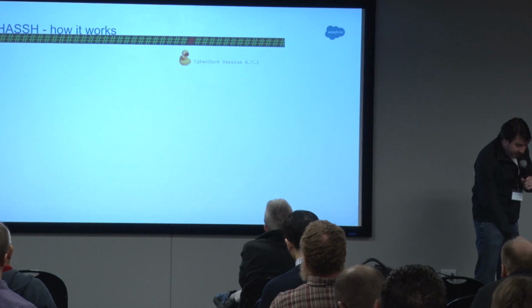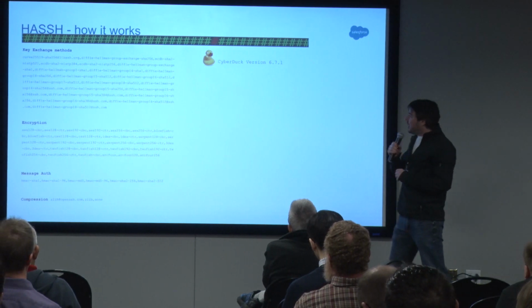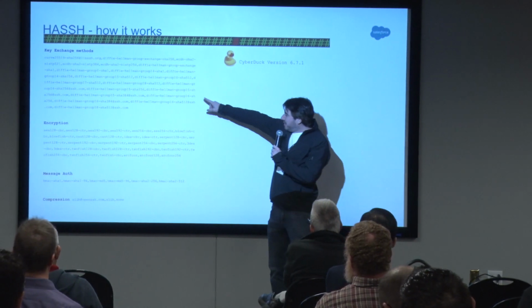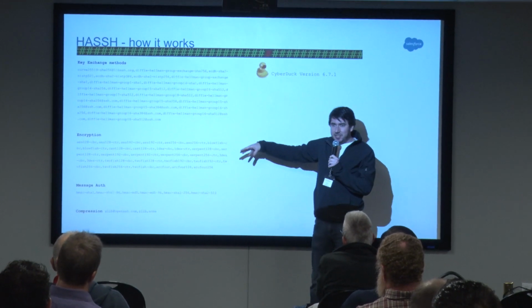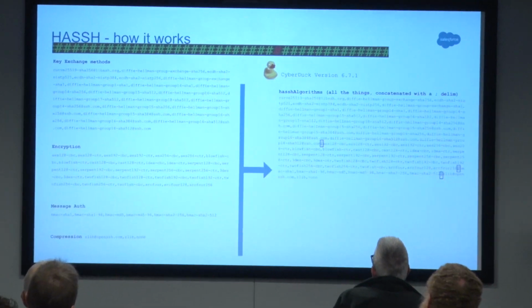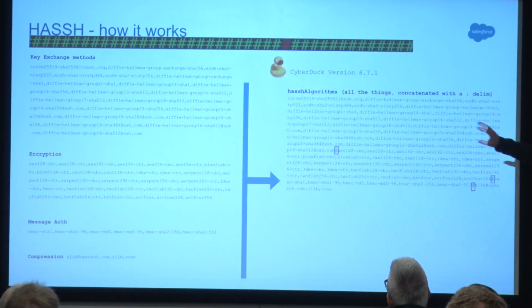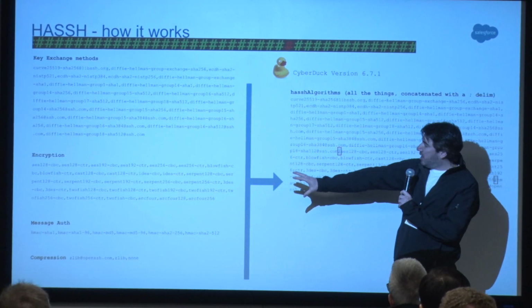So that's interesting. For an example of how this works, we'll use CyberDuck. This is the key exchange methods, the encryption, and the message auth for CyberDuck. This is in the key exchange init packet for the client. How HASSH works is it takes those and the compression algorithms, those four fields.